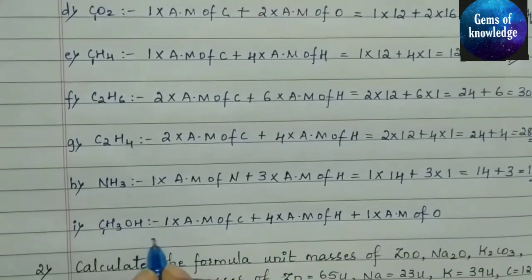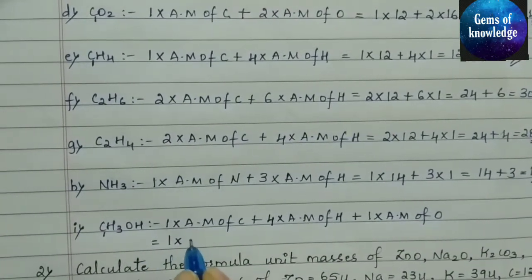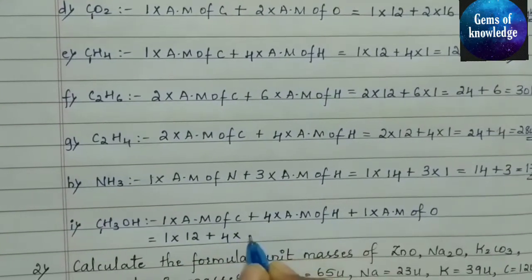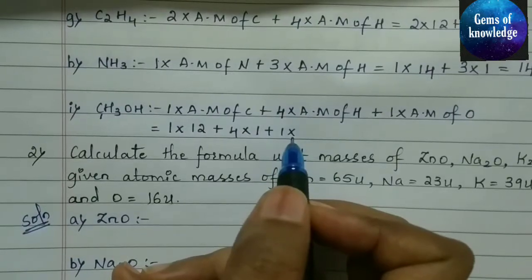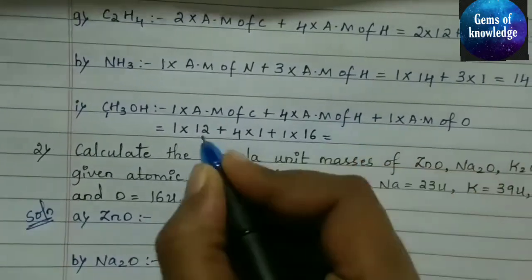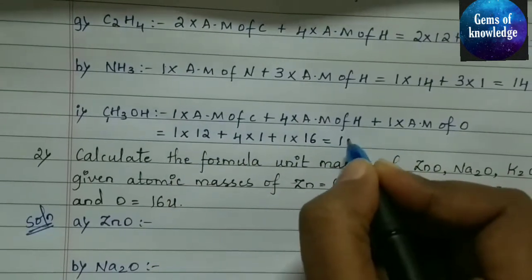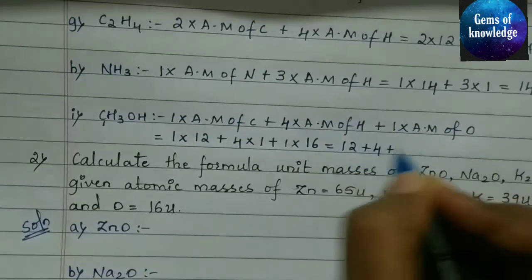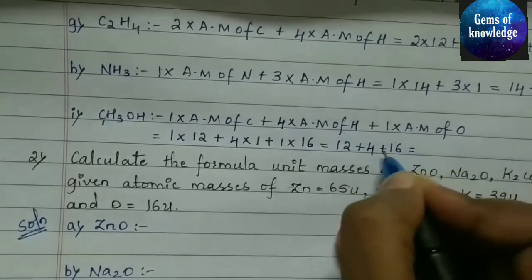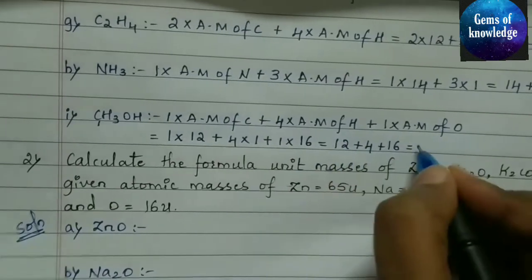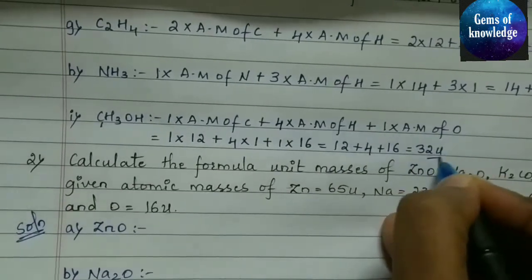So here we will write 1 into atomic mass of carbon, which is 12, plus 4 into atomic mass of hydrogen, which is 1, plus 1 into atomic mass of oxygen, which is 16. So we will get 1 into 12 is 12 plus 4 into 1 is 4 plus 16 ones are 16. So 16 plus 4 is 20. 20 plus 12 is nothing but 32 units. Okay.